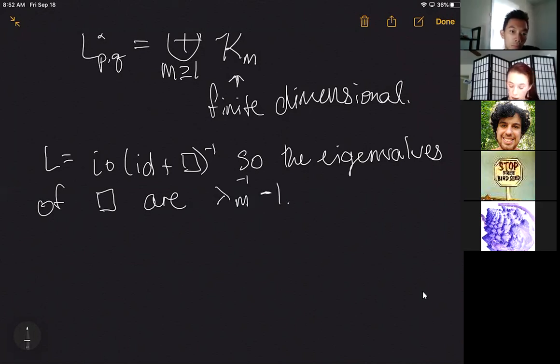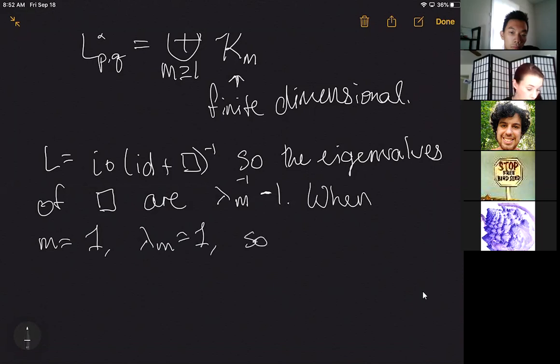And you'll note that when m is equal to 1, lambda m is equal to 1. So the eigenvalue lambda 1 corresponds to the eigenspace K1, which corresponds to the kernel of box, which is the harmonic forms. So K1 is equal to H^{p,q}, and this gives us that H^{p,q} is finite dimensional.